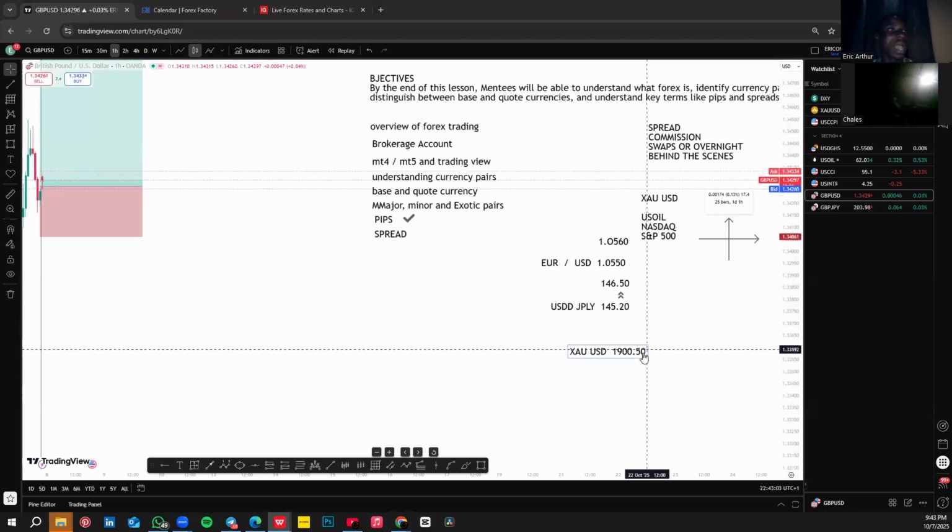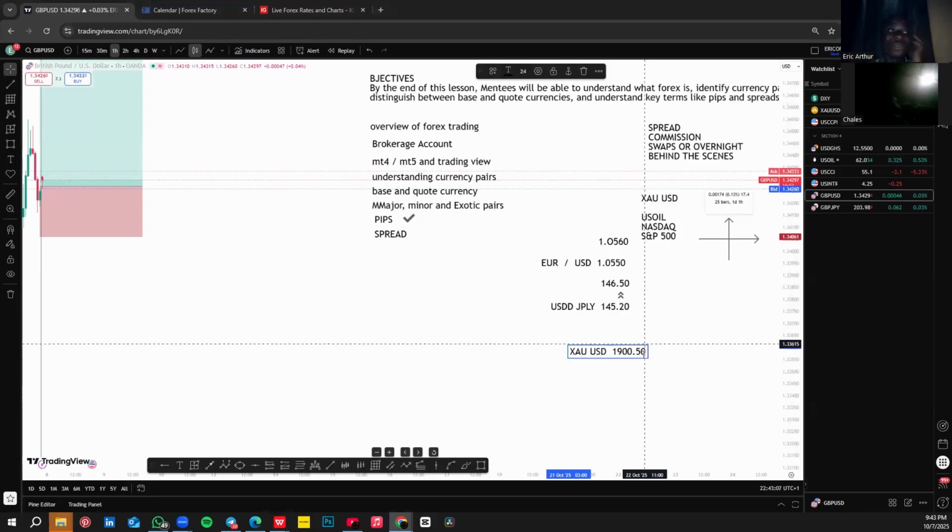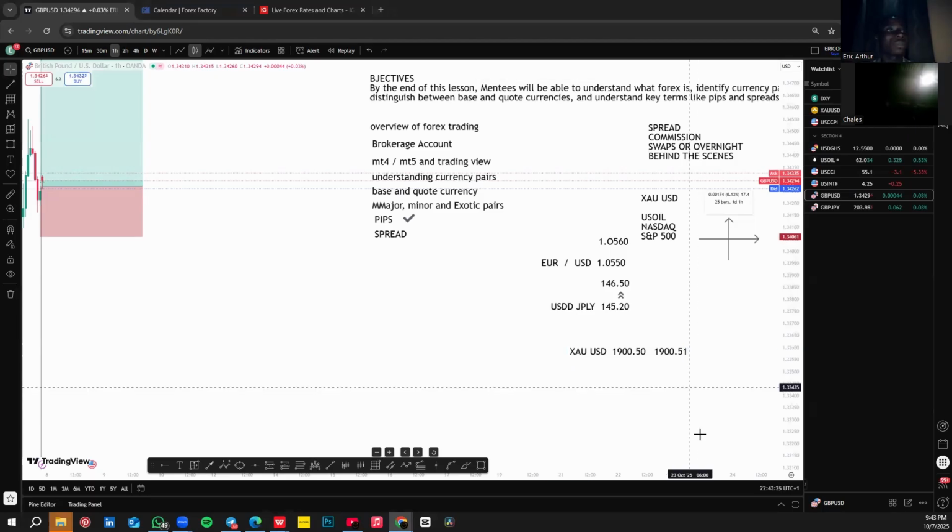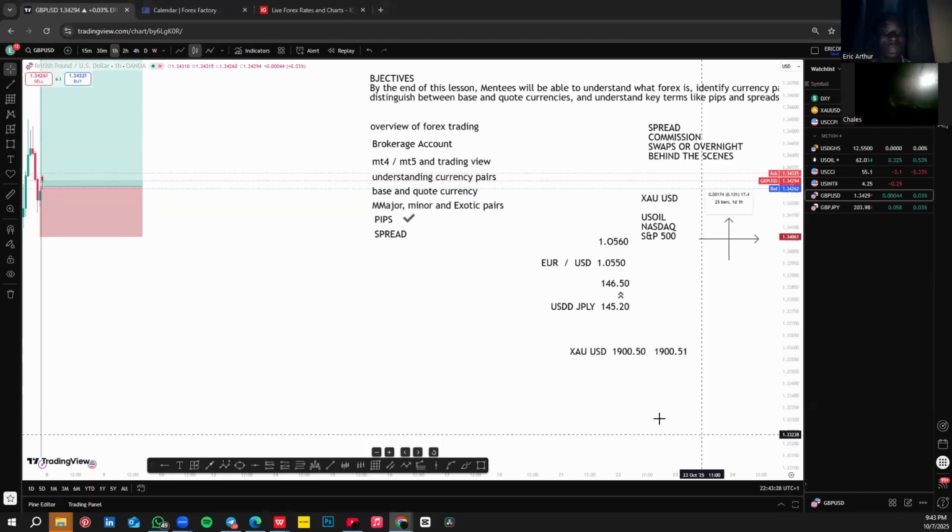You get it? Let's say this one moves from 50 to 51. It has moved 1 pip.